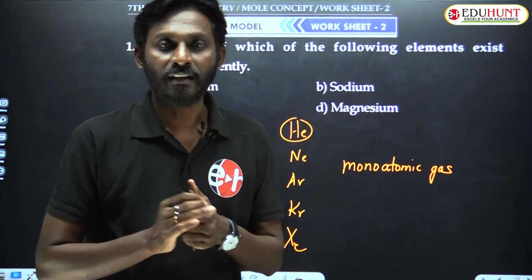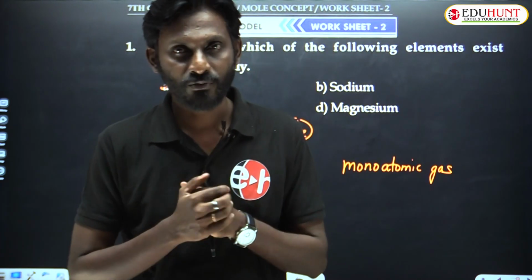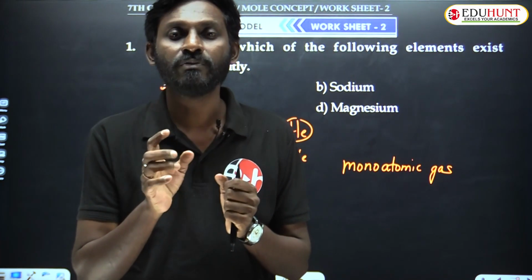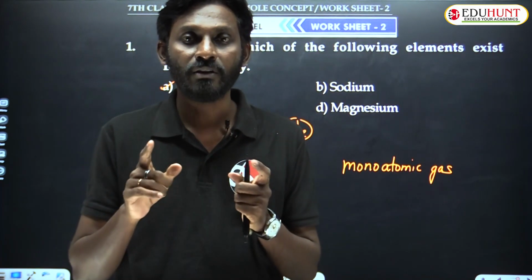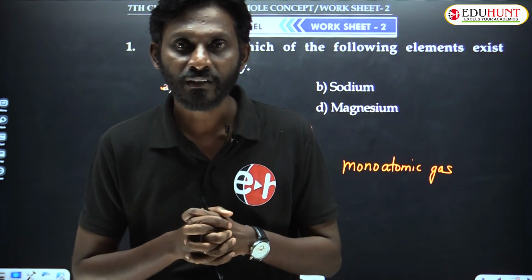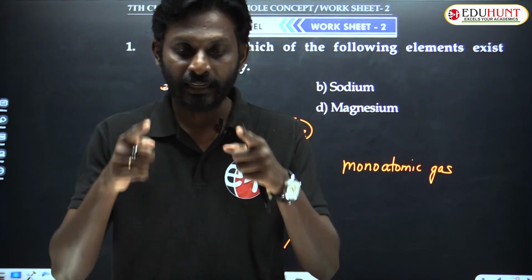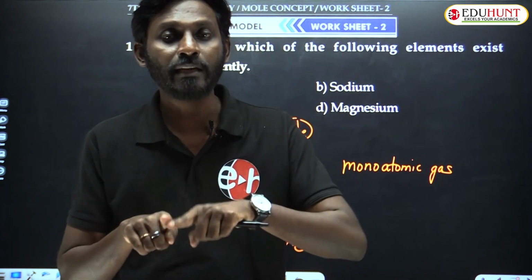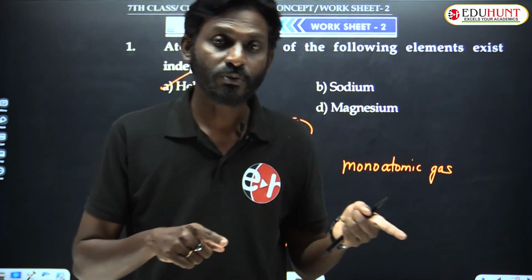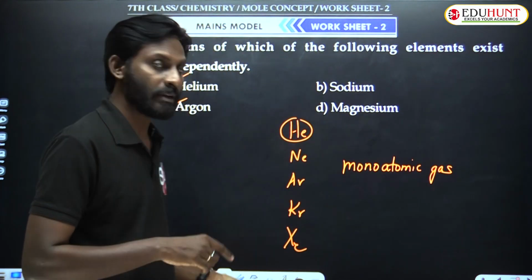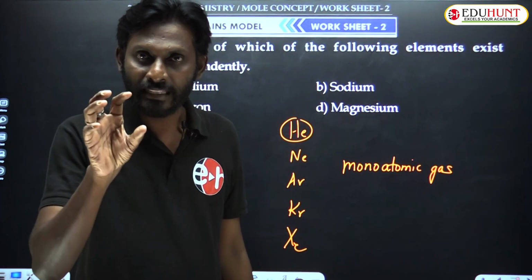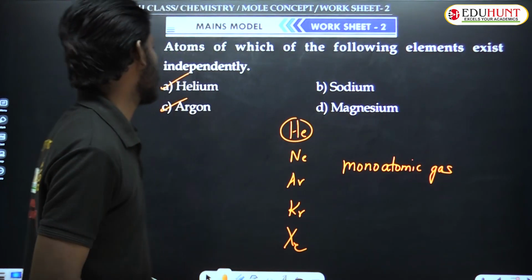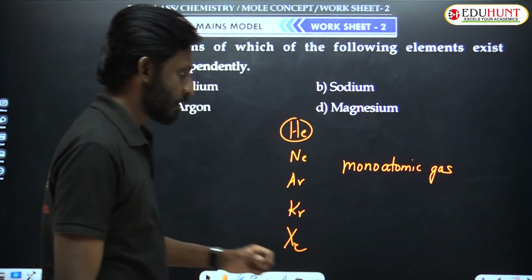We know that in the chemical bonding chapter we discussed that an atom will try to lose or gain electrons to get stability, right? To get stability only, an atom makes bonds with other atoms. So in the case of these elements, the outermost shell is already having octet, so the atom can exist independently. Moving towards the next question.